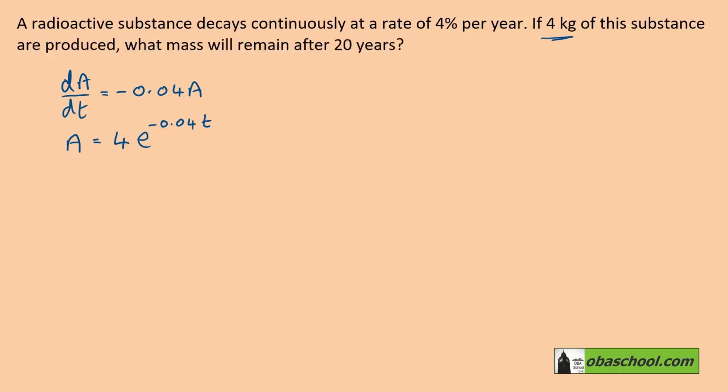So what mass will remain after 20 years? Well, that's just a case of t equals 20. So that's going to be 4 times e to the negative 0.04 times 20. And we just need to calculate that.